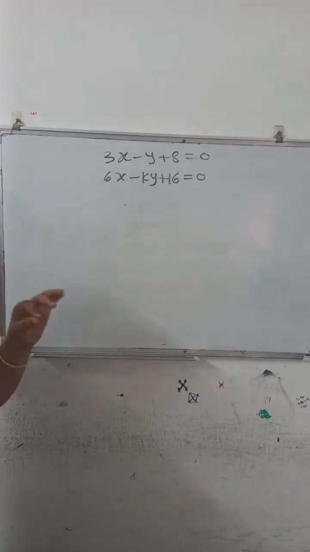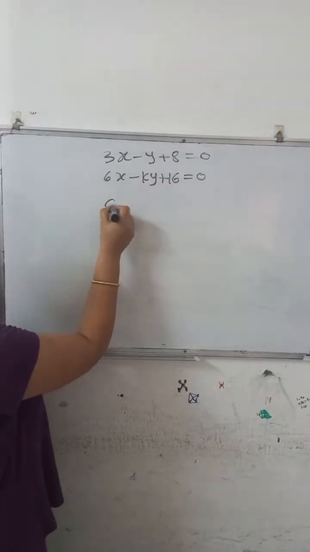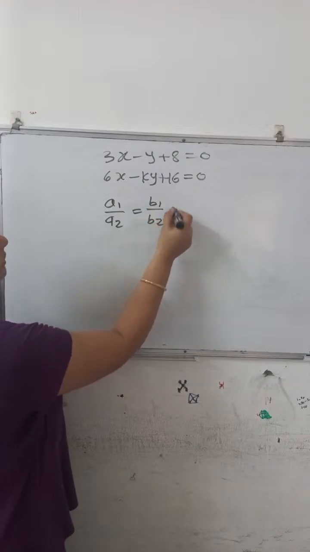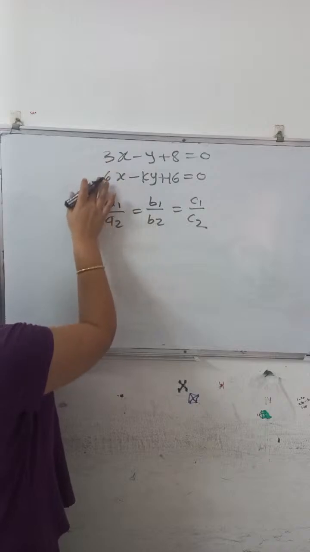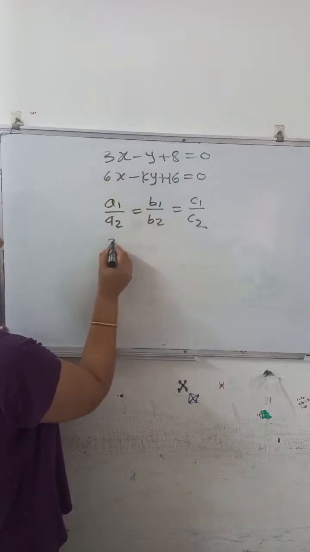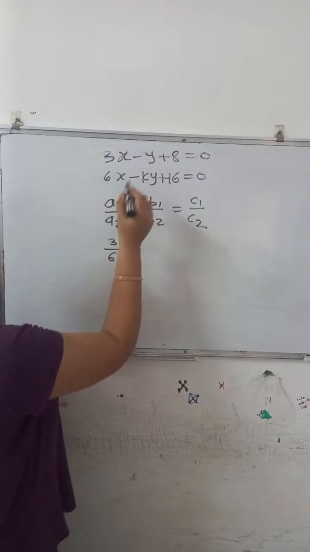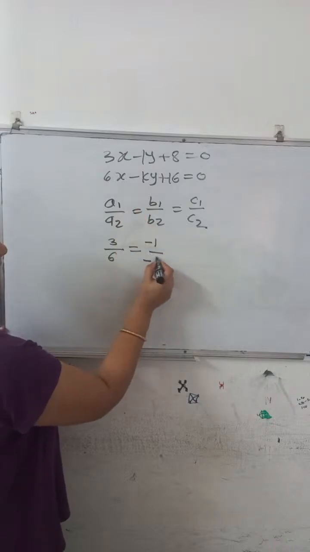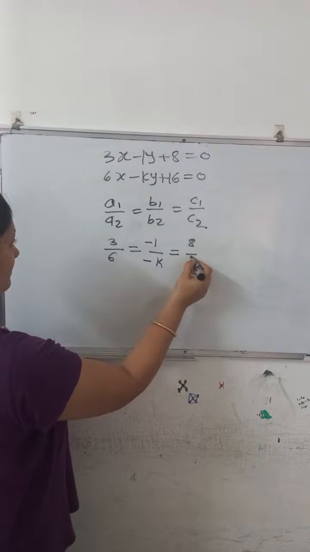That means you should know the condition for coincidence. So the condition for coincidence, we are taking A1 by A2 is equal to B1 by B2 and equal to C1 by C2. So here if you compare these two equations, A1 is nothing but 3, A2 is nothing but 6, B1 is minus 1, that multiple is minus 1, and this is multiple minus k, equal to 8 by 16.